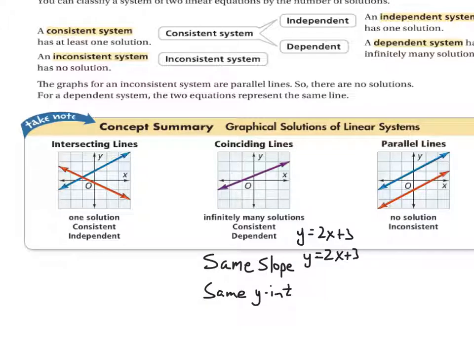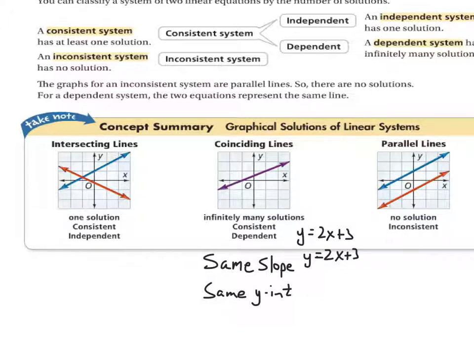You'll notice those equations are essentially the same thing. That means one's going to be on top of the other. And how many times does one line intersect with the other? Well, it intersects at every single spot. So we don't know how many points there are here. That's why we call them infinite solutions. Okay? Same slope, same y-intercept.